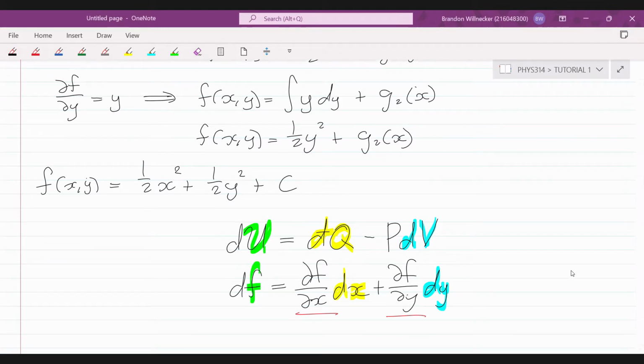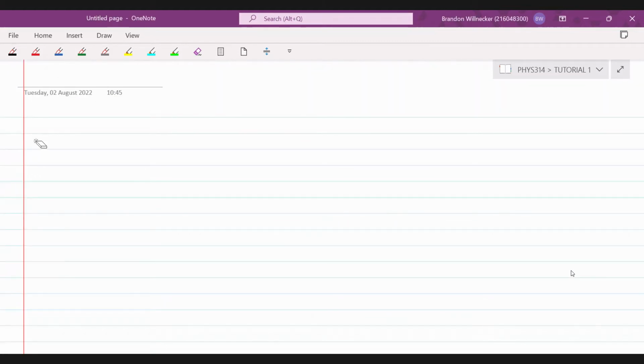Okay, let's have a look at question 3. So this was doing the line integrals. So 3.1, we had the integral of 2xy dx plus x squared dy.